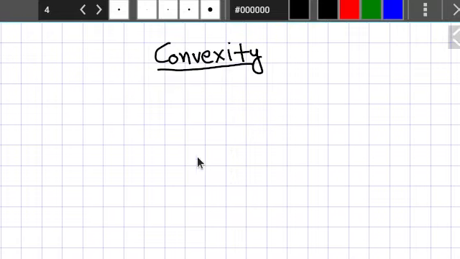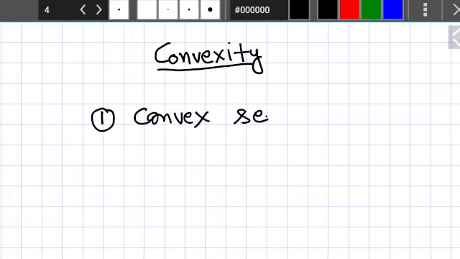Here we are going to define two things. Number one is the convex set, and number two is the convex function.